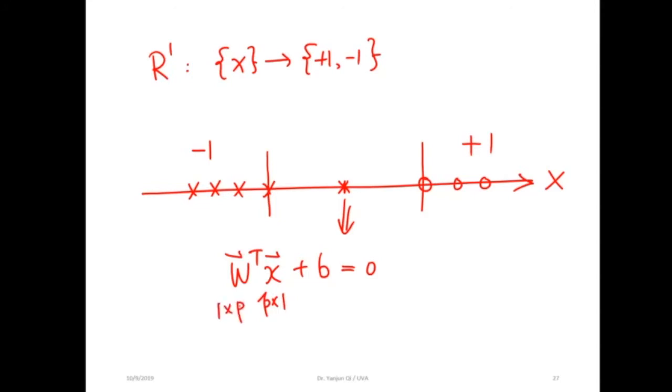It's a 1 times p weight matrix. And the b here is a 1 times 1 scalar, because w transpose x is an inner product, which gives me a 1 times 1 value, and then plus b. The w and the b are the ones I'm looking for.